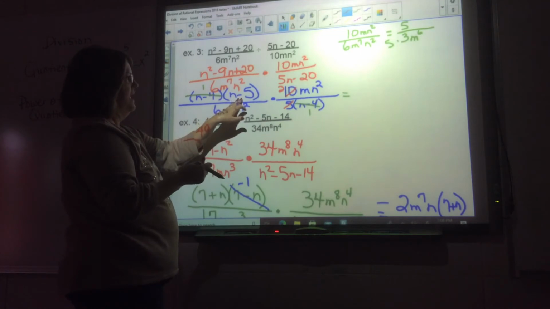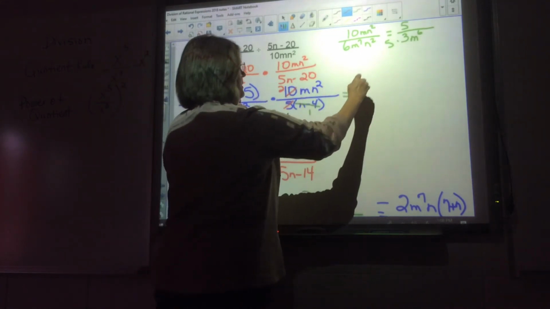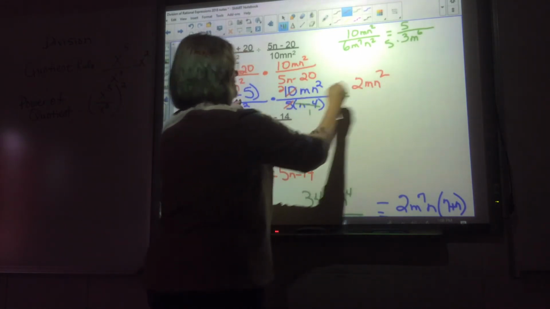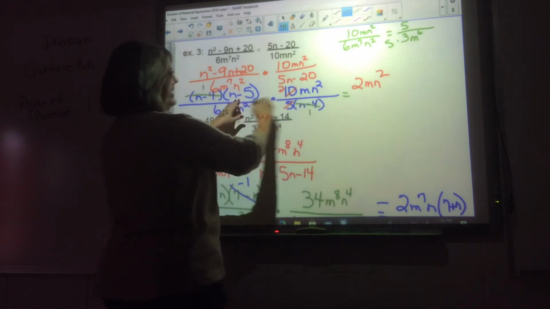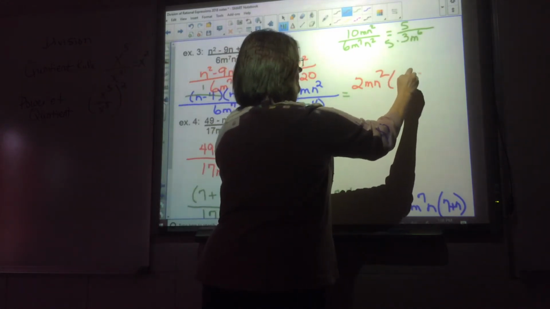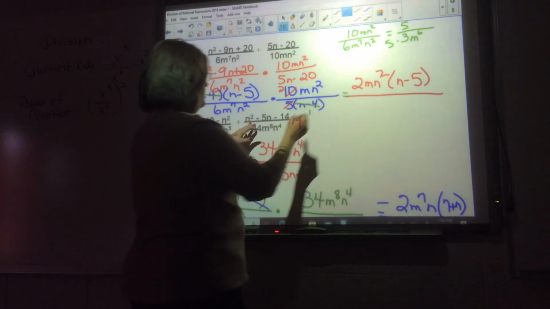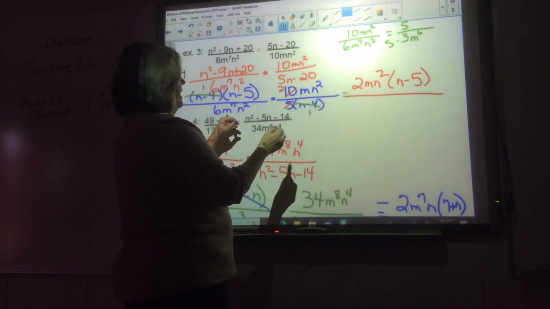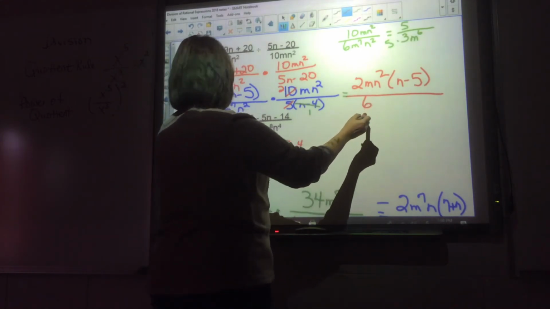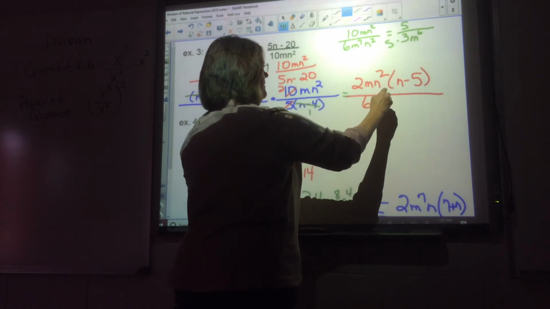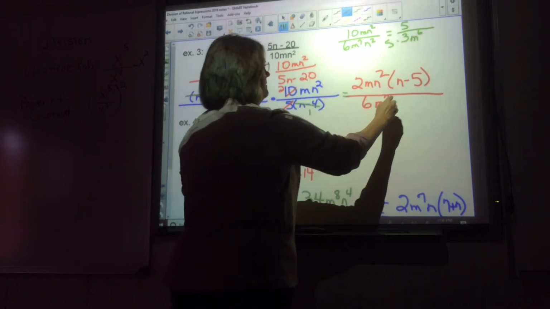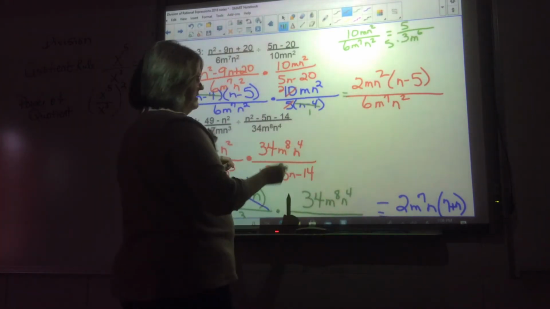Now I have 2mn squared right here, n minus 5 over, and then in the denominator I've got 6 m to the 7th n squared. That's what's left in the denominator.